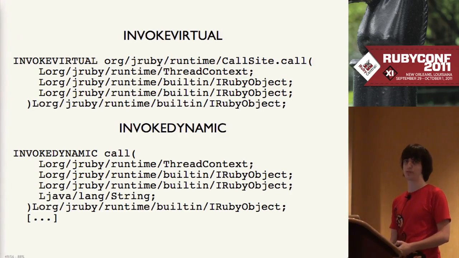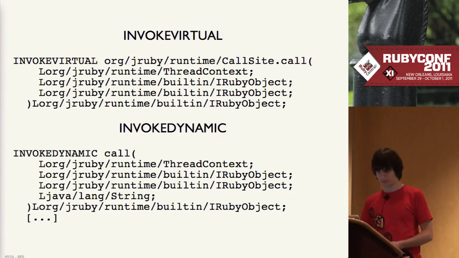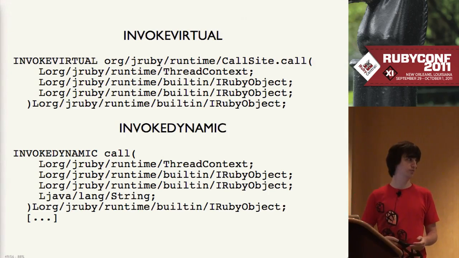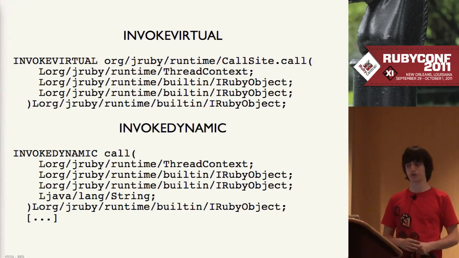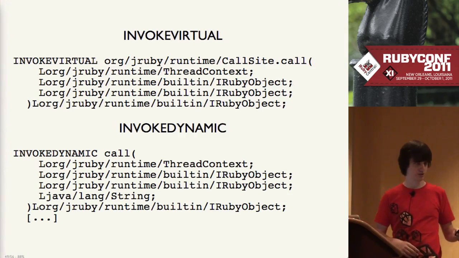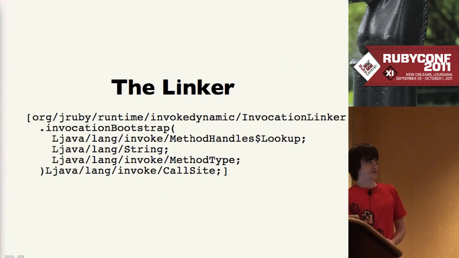So it will actually be passed as an argument to the method. And again, it returns a Ruby object. But with only that, the JVM would not know what to do. So there's a signature down here, which looks like this.